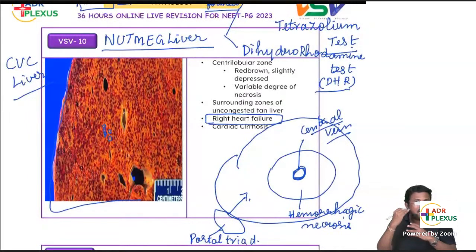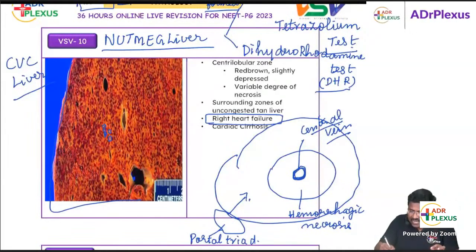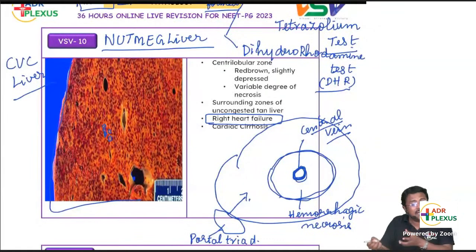What is this appearance? You will be getting dark hemorrhagic spots in the liver, alternating with the normal liver parenchyma. Why does this appearance occur? Because in chronic venous congestion, in a right heart failure, the central vein is getting congested, and the area around the central vein is going in for hemorrhagic necrosis.